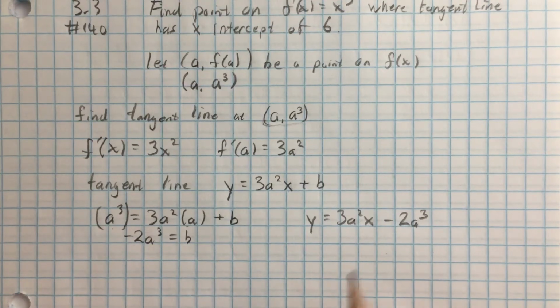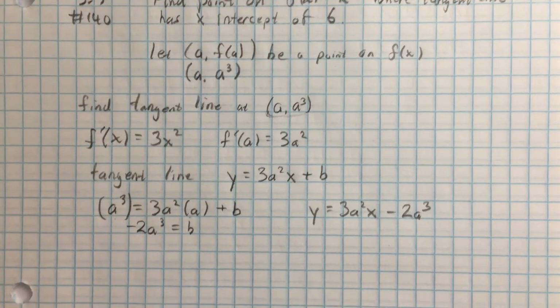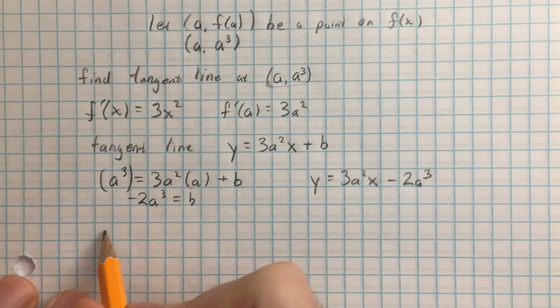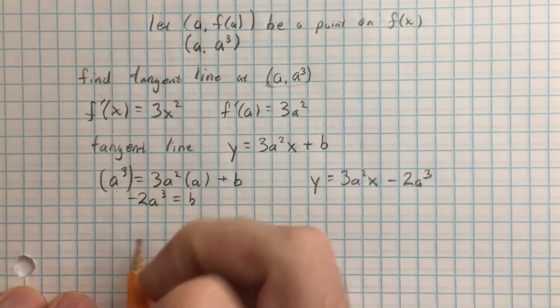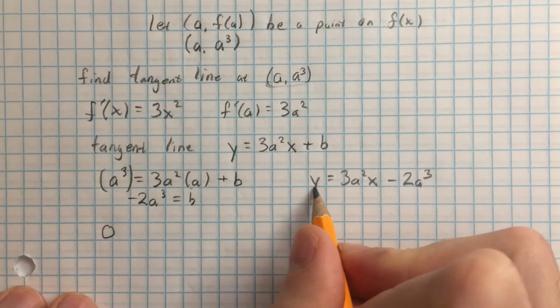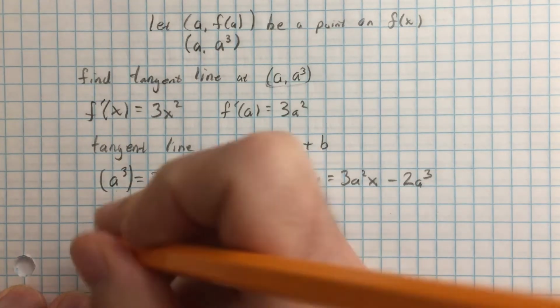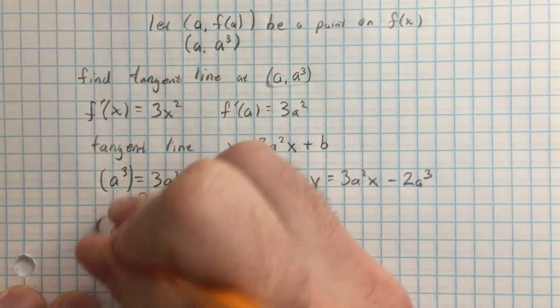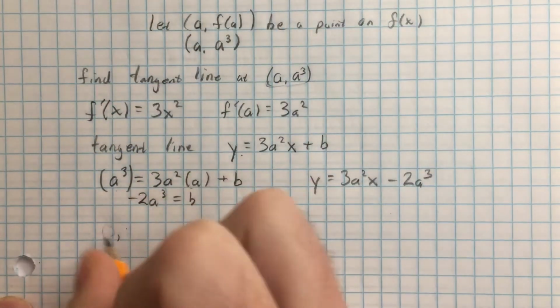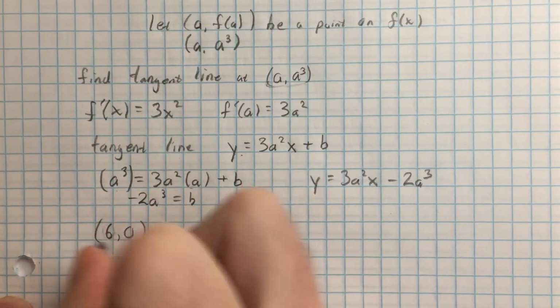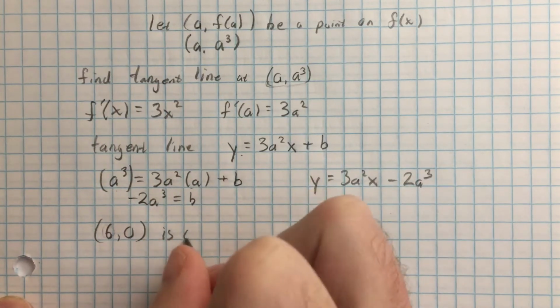So now we just force the tangent line to have the quality that was mentioned in the beginning, that it has an x-intercept of 6. All right, so if that's the case, then 6, comma 0 is on this tangent line.